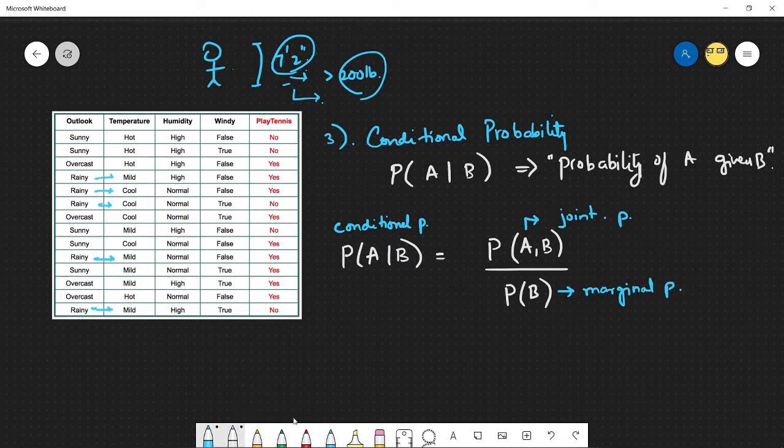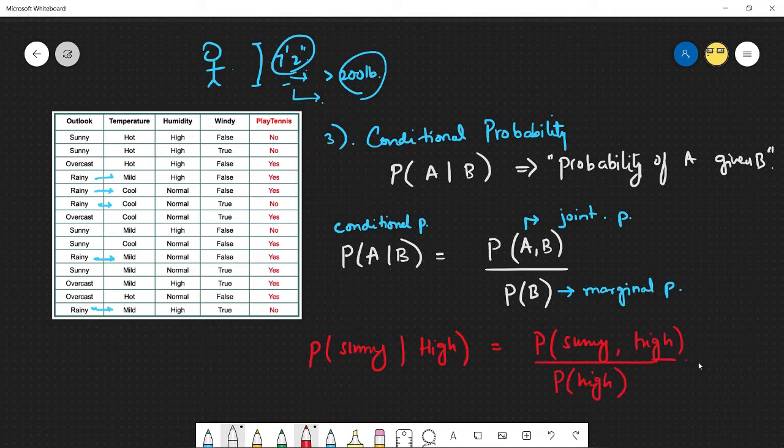So we can use an example here and say, okay, what is the probability that the outlook is going to be sunny, given that the humidity is high? Well, based on this formula, that is equal to the probability that it is going to be sunny and that the humidity is high, divided by the marginal probability that the humidity is high.